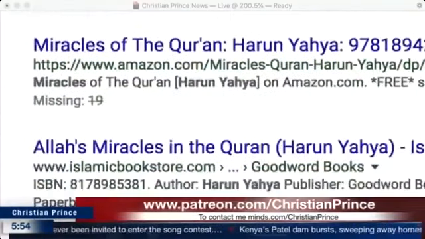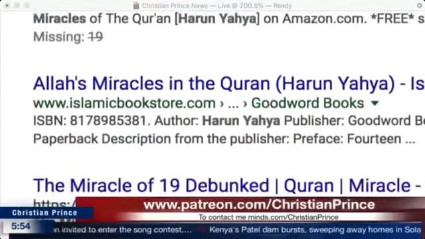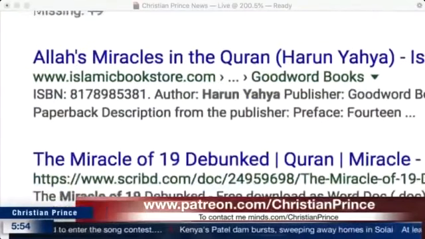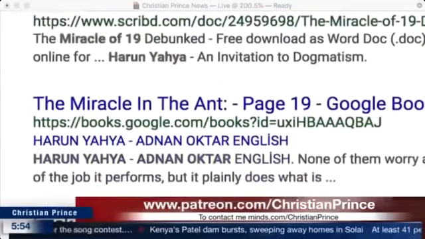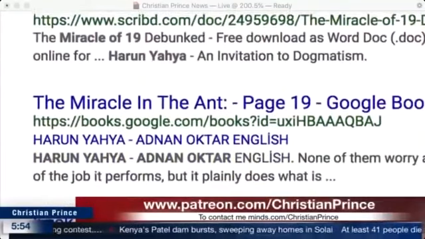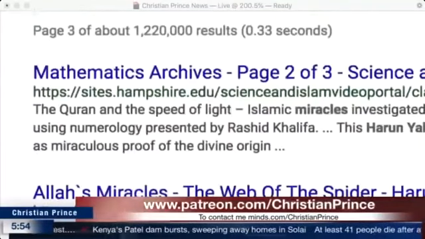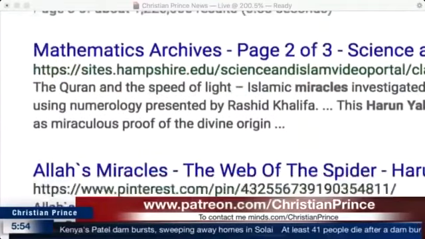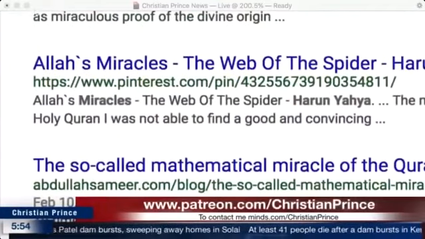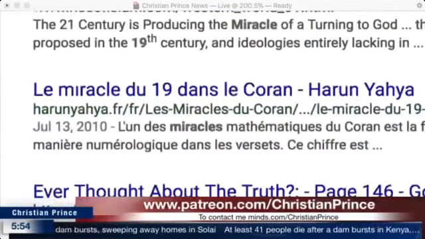All the miracles the Muslims speak of in the Quran are nothing but hocus pocus, and it is stupid. This one is in French.